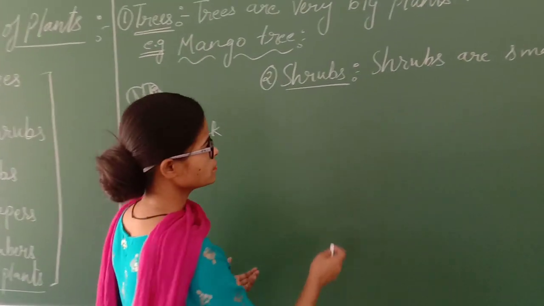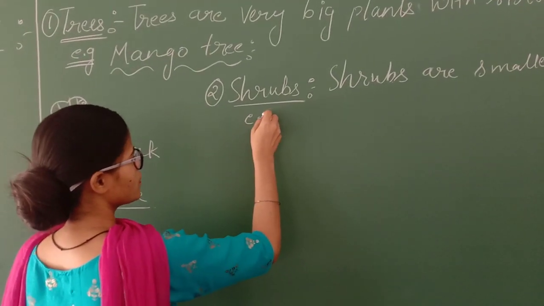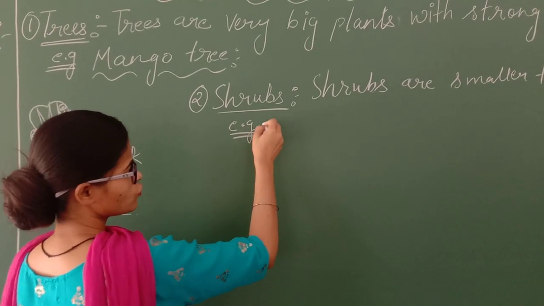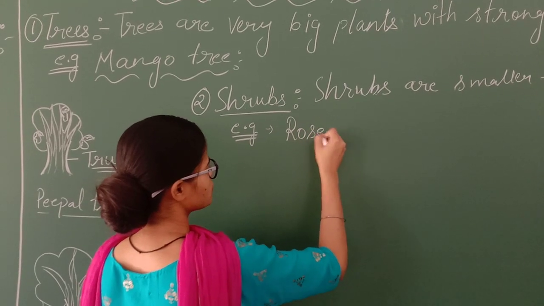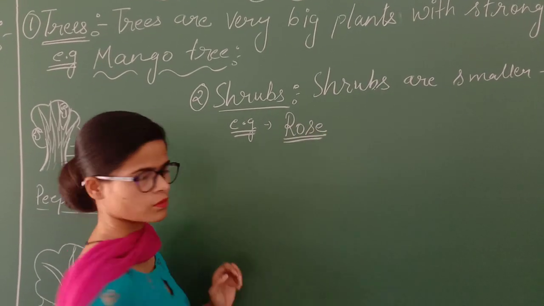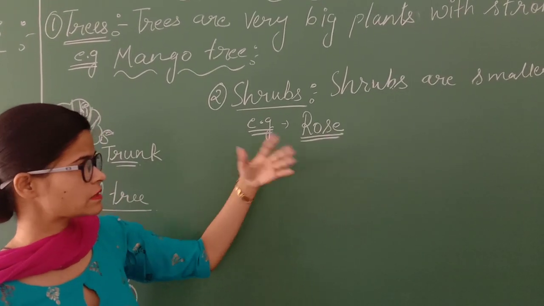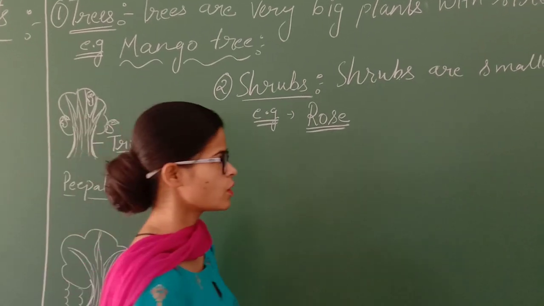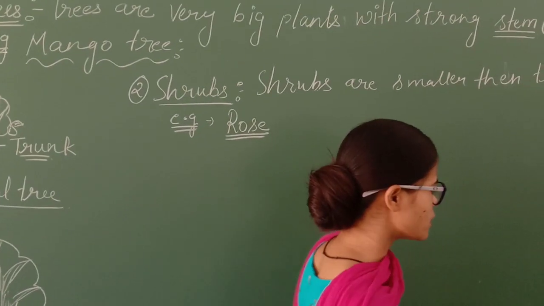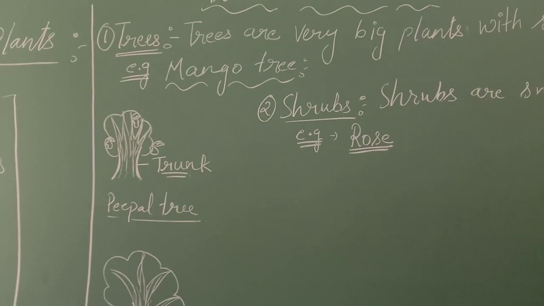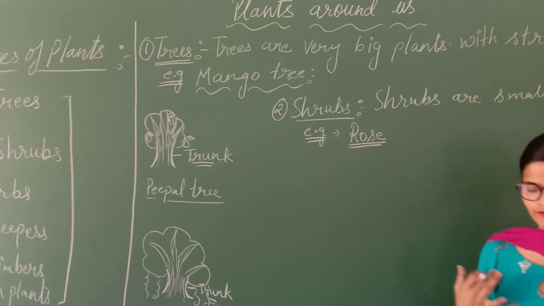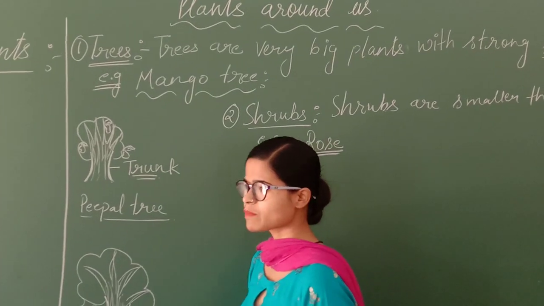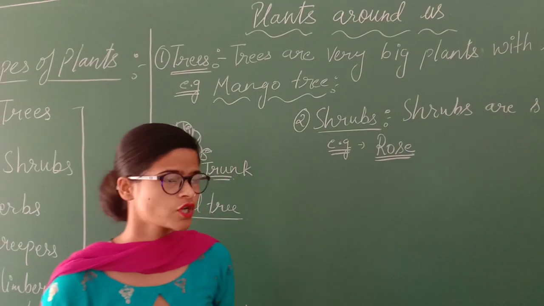For example, you can take the rose plant. The rose plant comes under shrubs, and there are many plants which also come under shrubs, like the tulsi plant and the tea plant. All these plants come under shrubs.